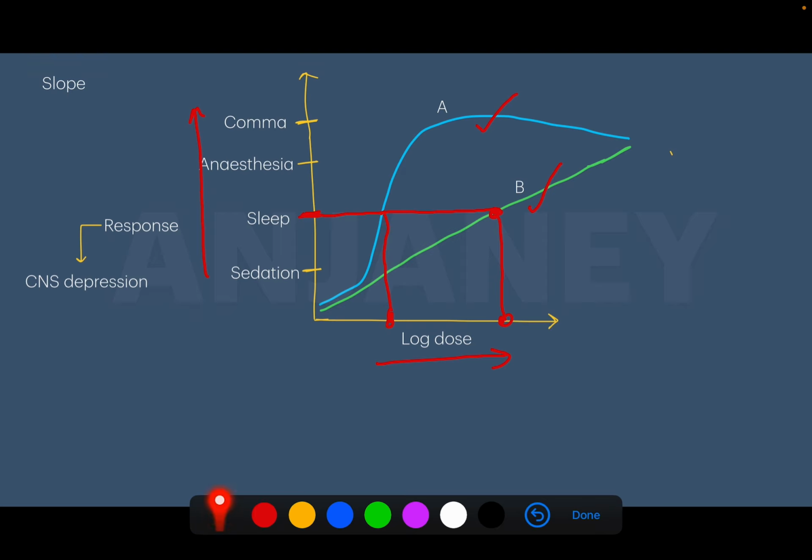Because I'm getting the effect at a low dose. But no, even if I increase the dose of drug A by this much amount, then it will shoot up and cause me coma. See, so it is not safe. While B, even if I increase the dose from here to here, it's never going to cause coma. It will at most induce more effect. So drug B is safer than A.